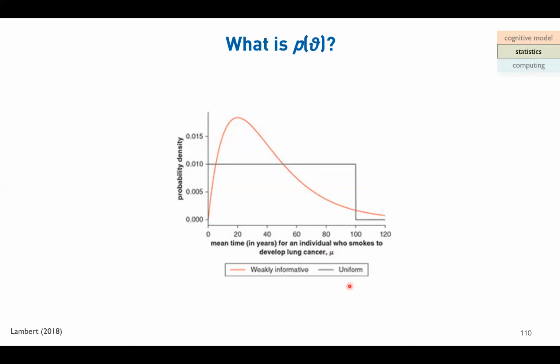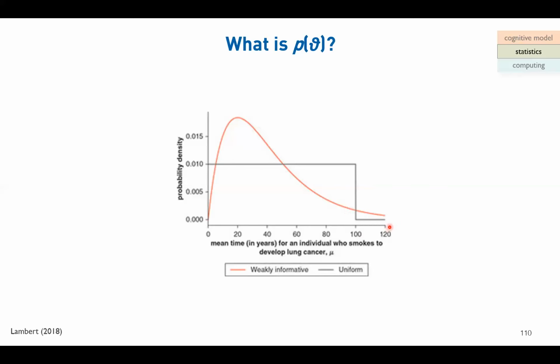An uninformative prior means, let's assume from 0 year to 100 years, every time is possible. So it is a uniform distribution. This is uninformative. This actually has quite a strong assumption, in the sense that you see here, after 100 years, this is 0.